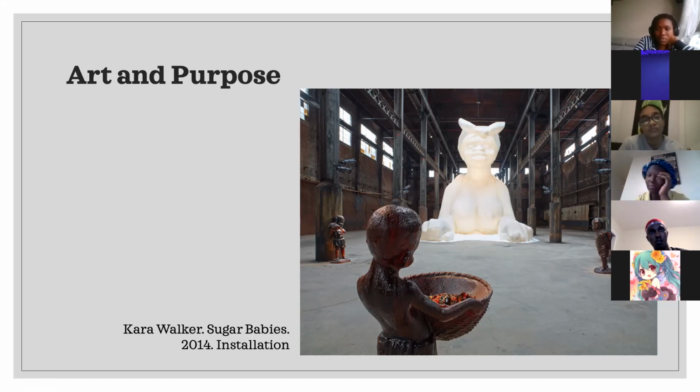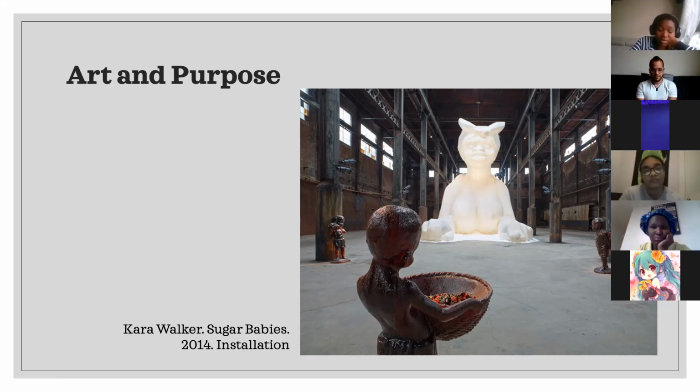It was not. There is a hint in the title. They called it Sugar Babies. So this giant sculpture is made of Domino Sugar we eat. Oh my goodness, that's amazing, right?